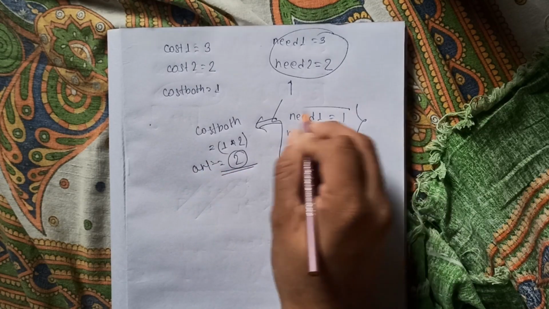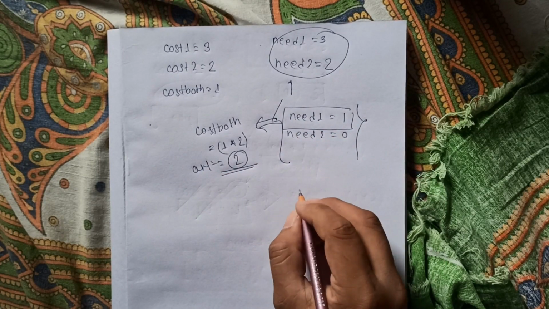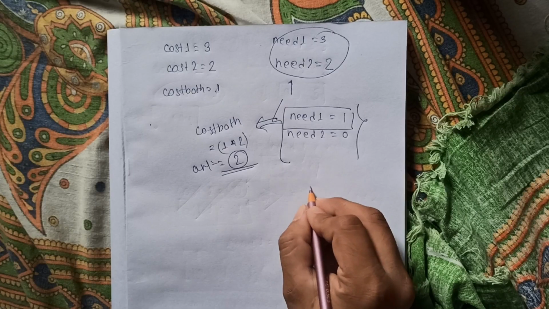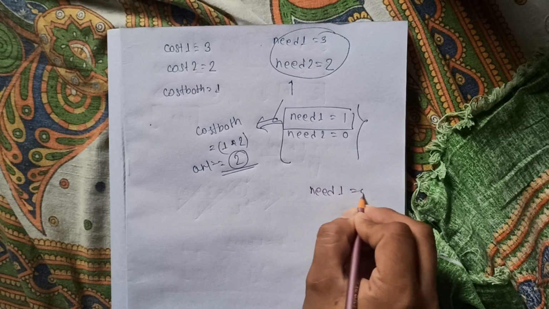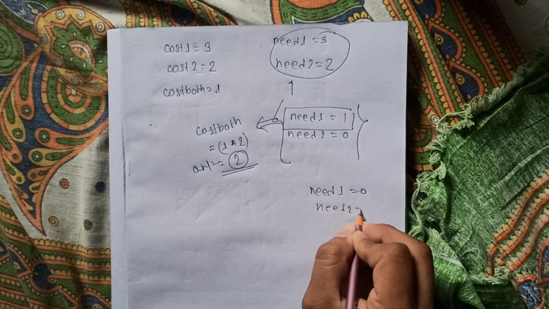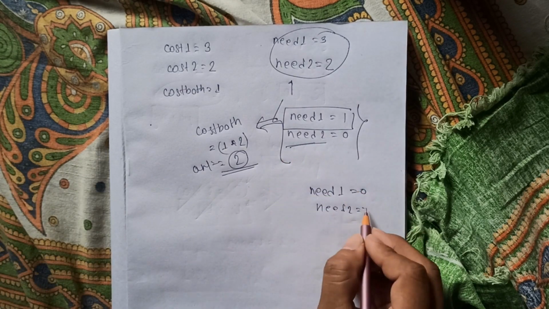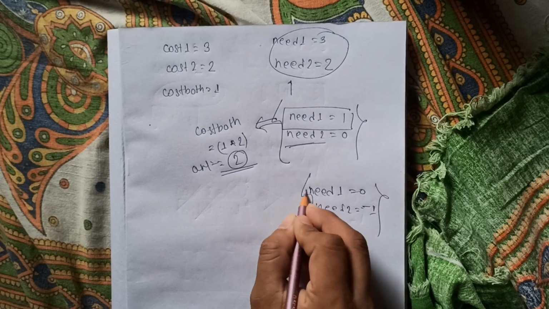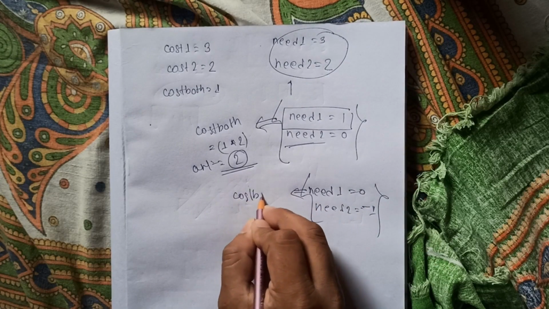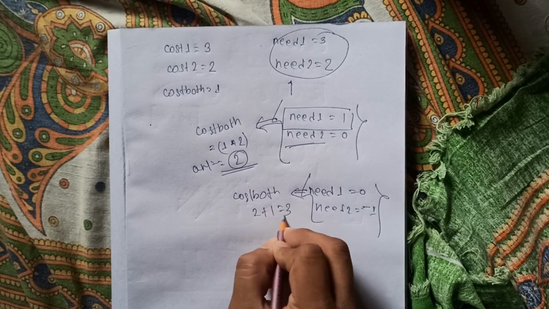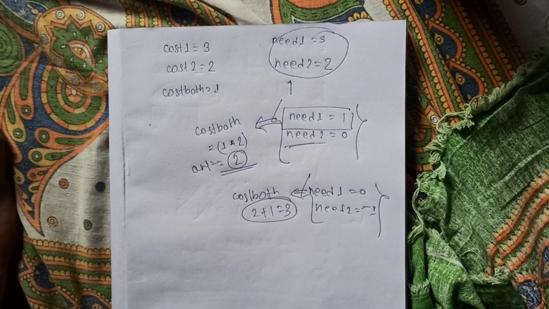Still need 1 is left. After this we can again use cost both and make need 1 as 0, and need 2 becomes negative, but they have said at least need, so if it becomes negative it is not any problem. So the cost becomes 2 plus 1, which is 3. So this was the first test case.